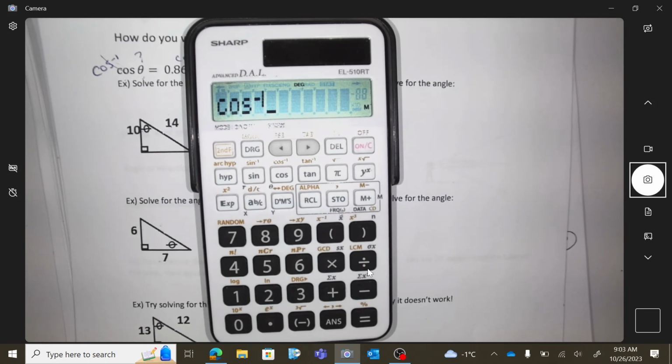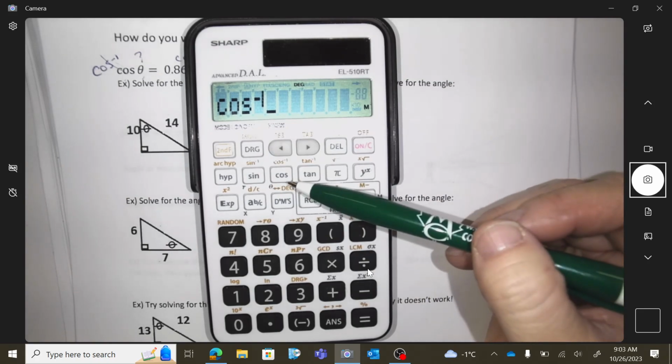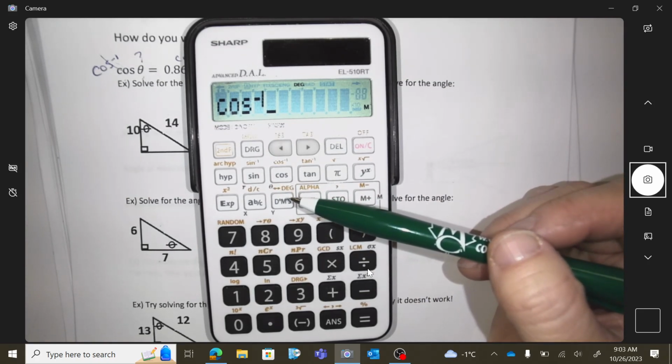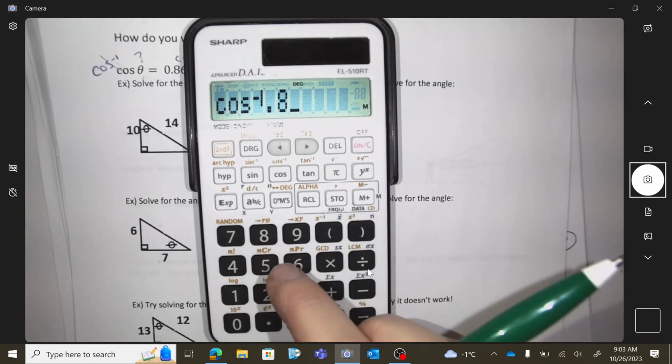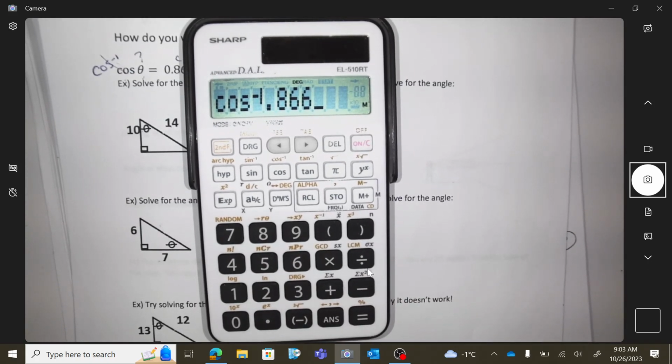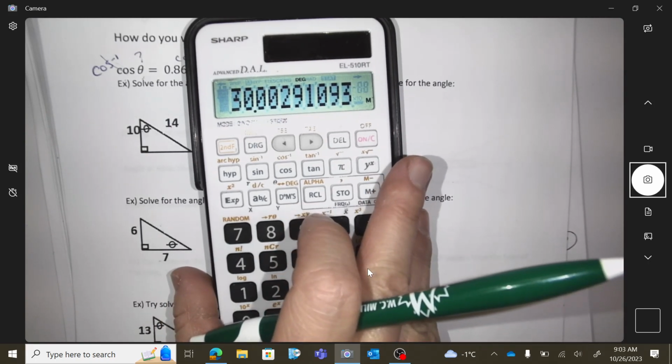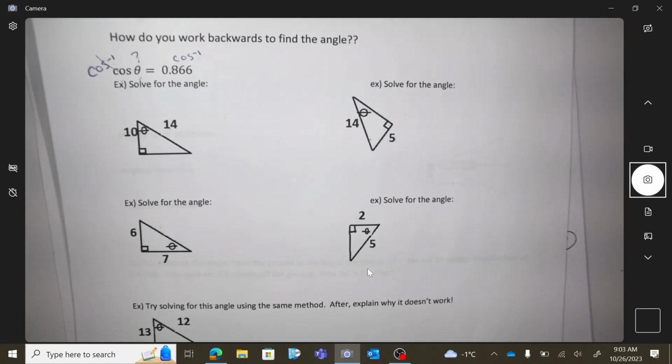Can everybody activate the little cos inverse? Everybody's good with that? Wave me down if you can't find these buttons. Then 0.866, that's the trig value. And we should get a 30-degree angle.